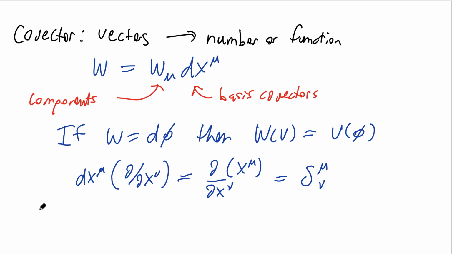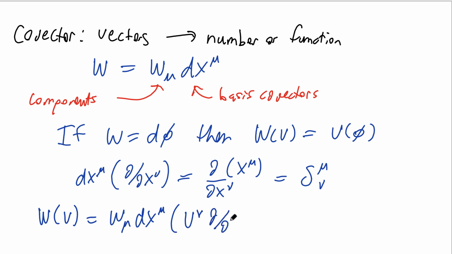If we have a general covector W acting on a general vector V, we can compute this by expanding W as a linear combination of basis covectors and expanding V as a linear combination of basis vectors. And now dx mu acting on the vector d by dx nu just gives the Kronecker delta. So this is W mu V nu times Kronecker delta mu nu.